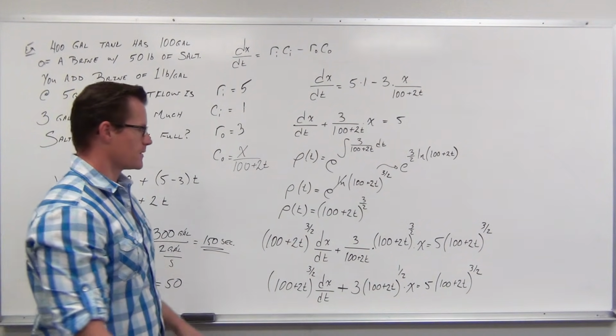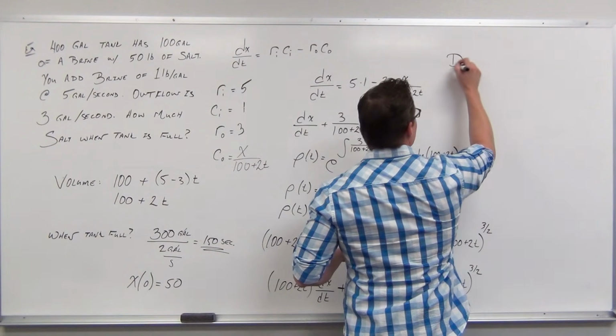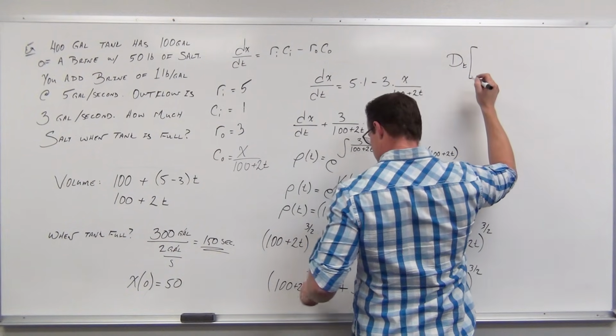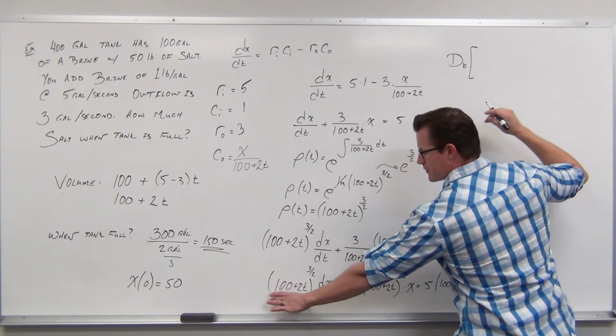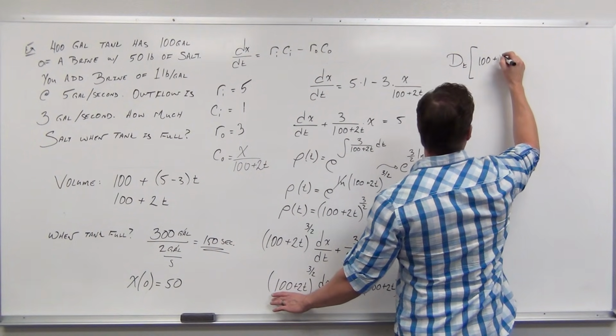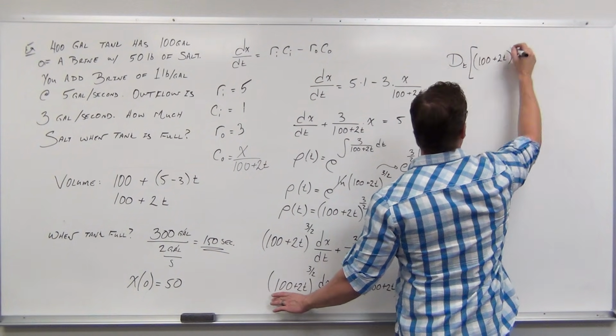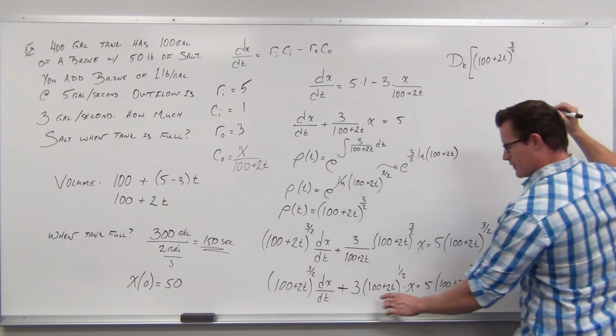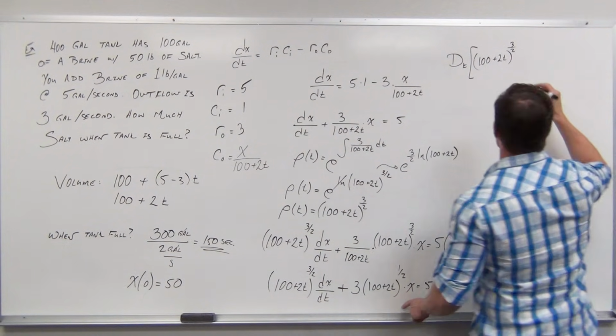Let's write the product. Product is, you left this piece alone when that derivative was taken. You left this piece alone when this derivative was taken.